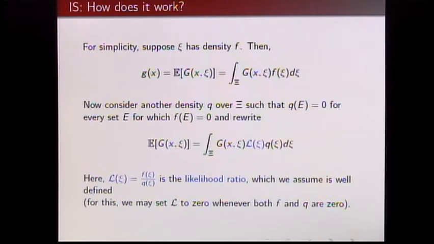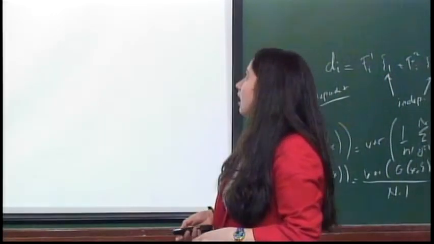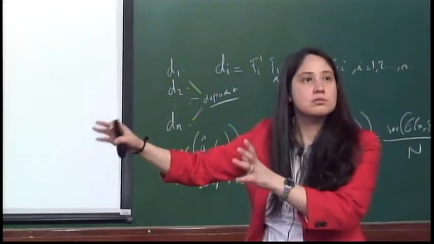So this way, instead of sampling from this distribution, you're going to sample from that distribution and immediately use the likelihood ratio to get your unbiased estimator. Standard Monte Carlo is an IID sample from the density F. That's the main difference. In importance sampling, I've changed my distribution; I'm actually sampling from Q. If I put another distribution that has a lot more mass over there, I'm going to generate a lot more samples in the region that I want.